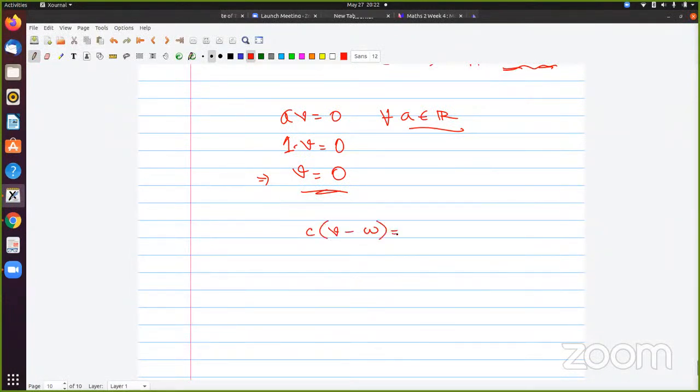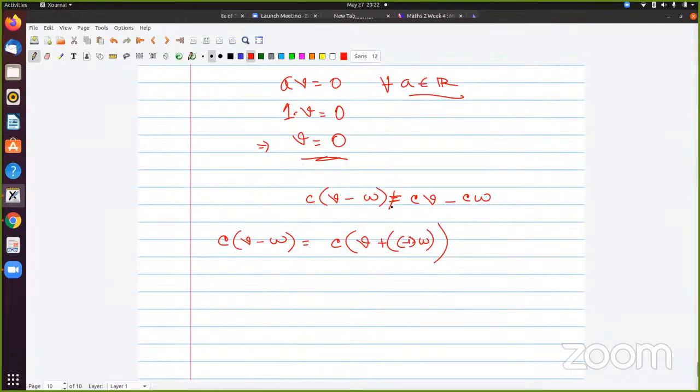C(V minus W) equals CV minus CW. This is given, right? So what is C(V minus W)? Basically, this is V plus minus W, the additive inverse of W. Now, there is an axiom which says I can distribute this, right?